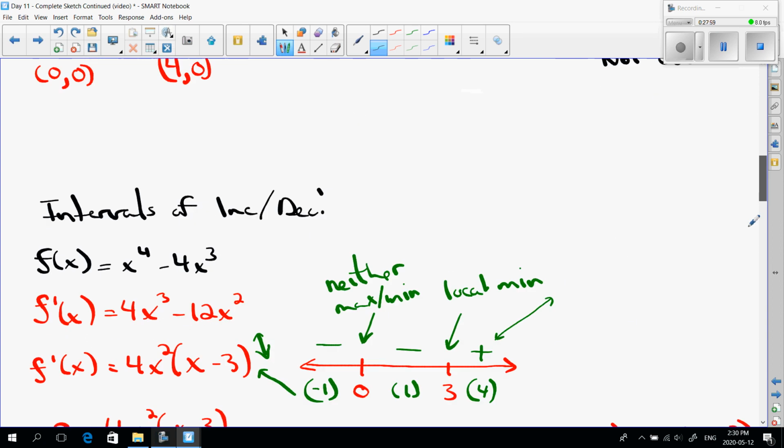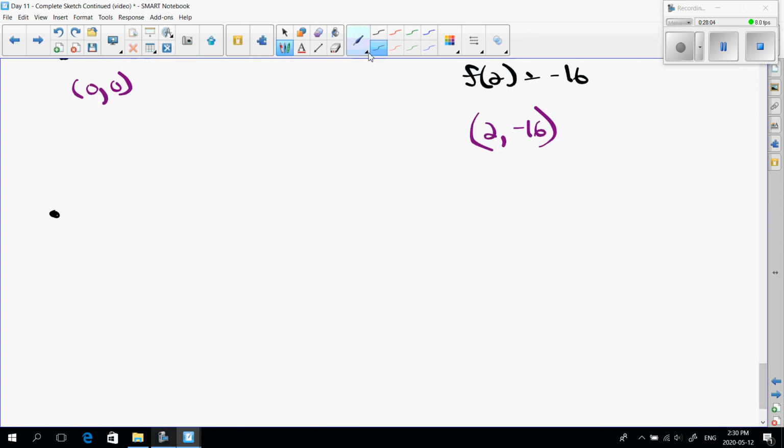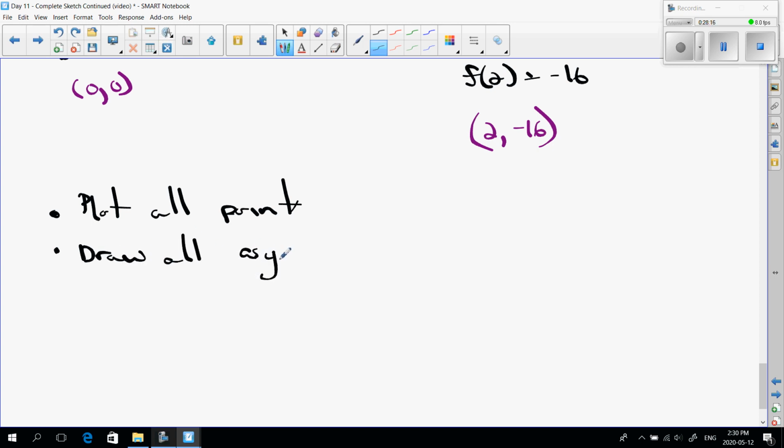Now here's what I want to do, is sketch this curve. I want to plot all points. Draw all asymptotes. Not applicable in this case for the polynomial.